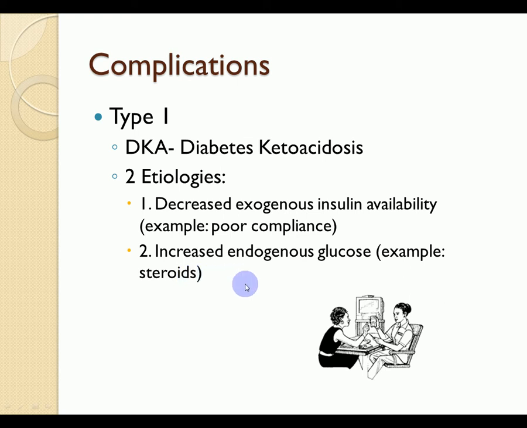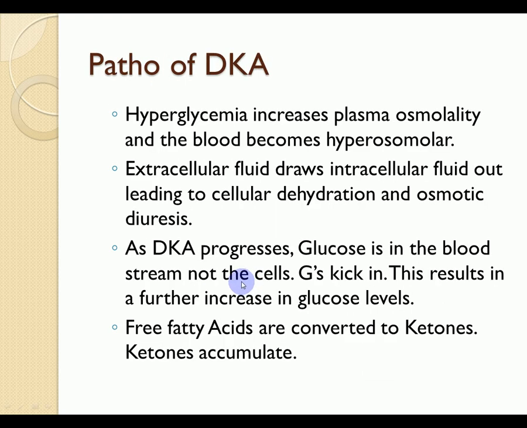Okay, the patho of DKA. Hyperglycemia increases plasma osmolality and the blood becomes hyperosmolar. Okay, so it has a higher concentration. Extracellular fluid draws intracellular fluid out because water is going from a lesser concentration to a higher concentration. That leads to cellular dehydration and osmotic diuresis.